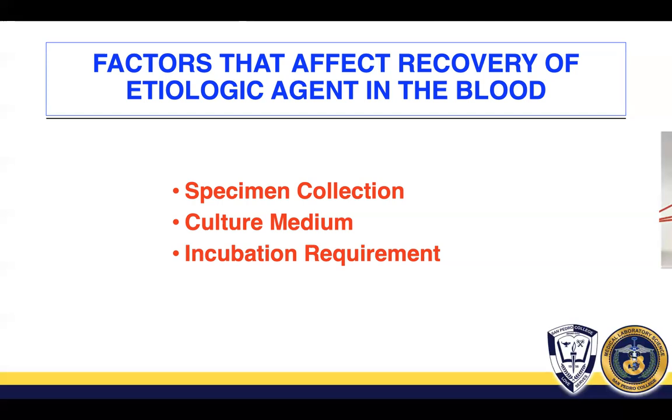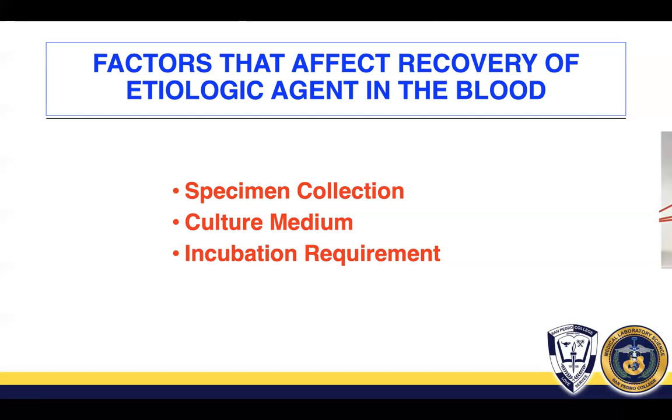When we talk about temperature, as much as possible, we incubate our culture media with the organism on it at 35 to 37 degrees Celsius. Sometimes special requirements with special environments would be needed when we incubate them.